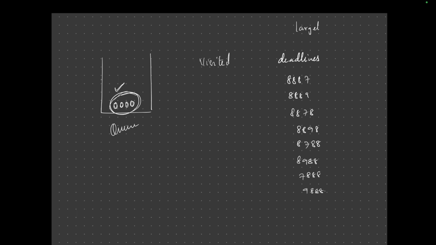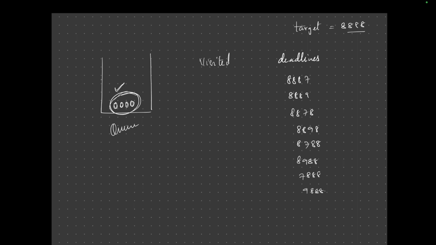The target is reaching 8888. So the popped string, or the removed string from the queue, I'll compare with the target. Is it equal? No.